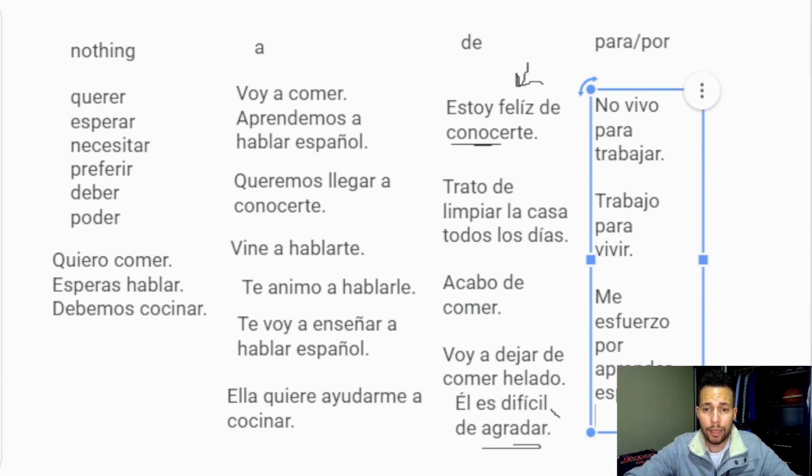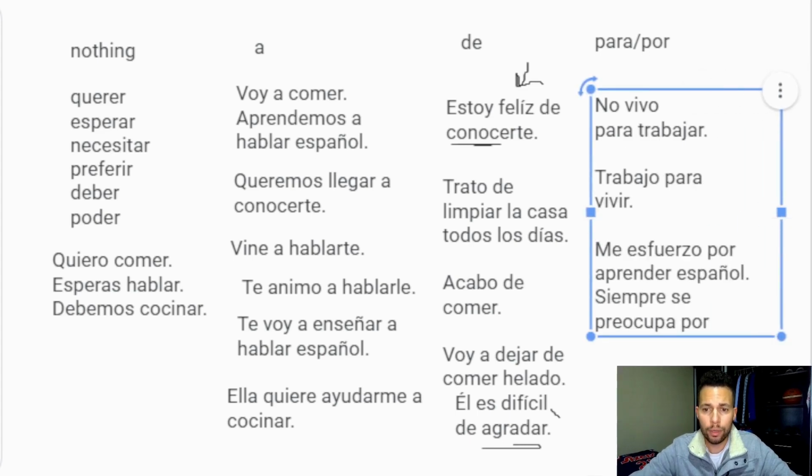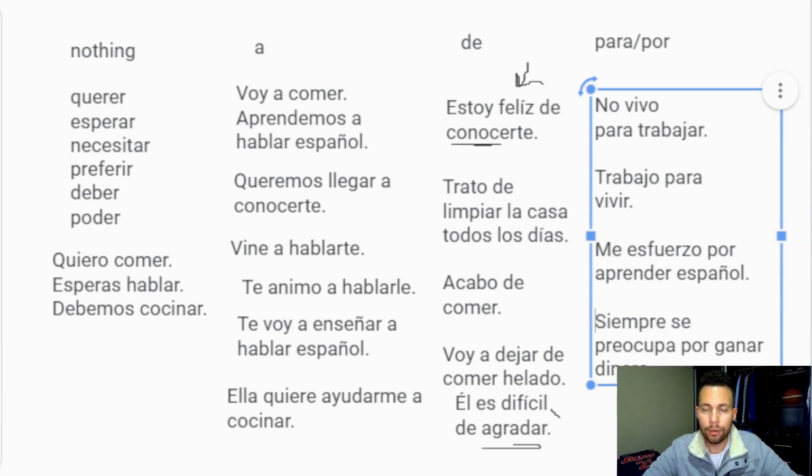And maybe siempre se preocupa por ganar dinero.